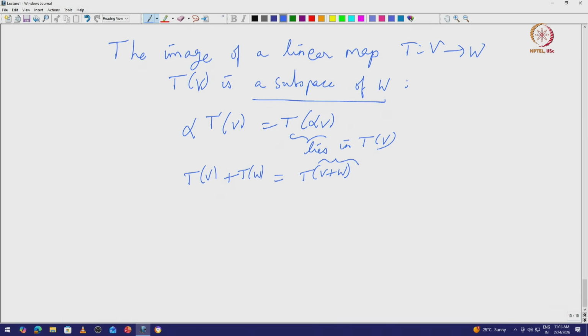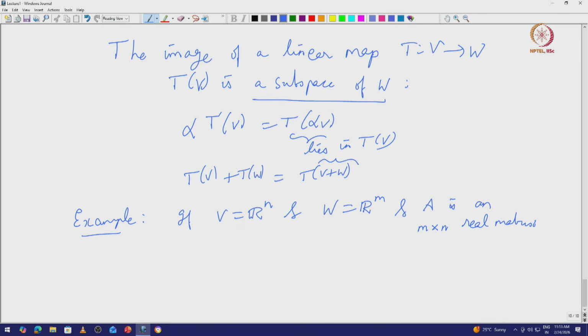So what's an example of a linear map? I already gave you one example. More generally, if V is R^n and W is R^m, m and n need not be the same, and let's say A is an m by n real matrix, for example.